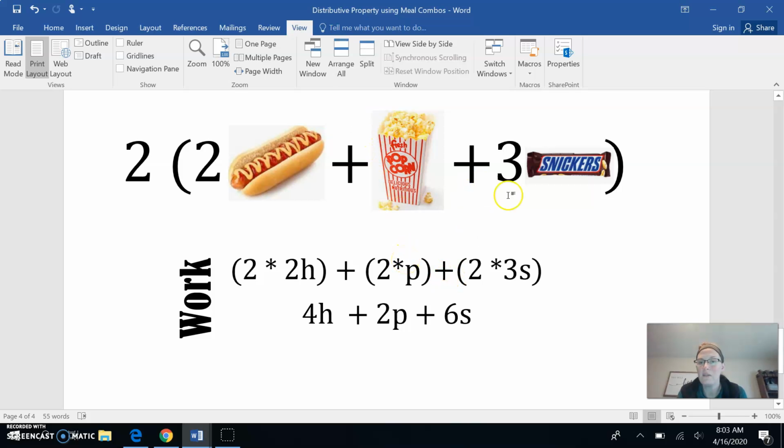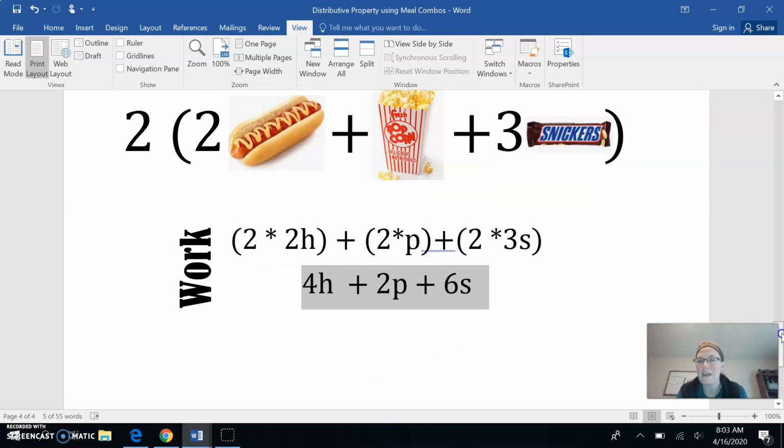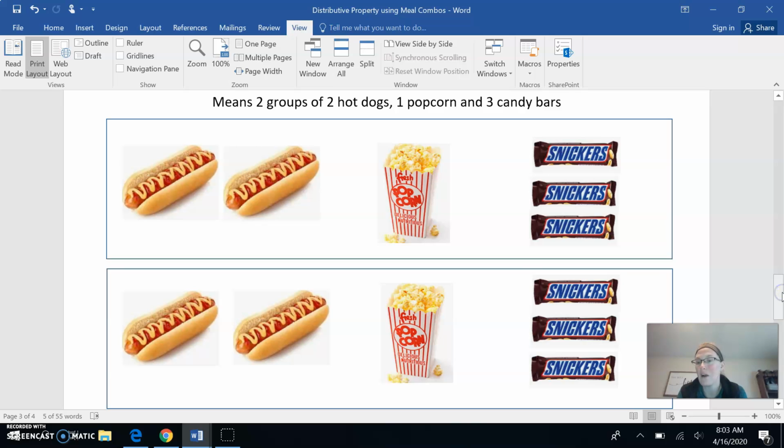Then I added, and I did 2 times my 3 Snickers. So 2 times 2H is 4H. 2 times P means I have 2 Ps. 2 times 3 Snickers means I have 6 Snickers in total. So here, 4 hot dogs, 2 popcorns, and 6 Snickers matched the visualization up here.